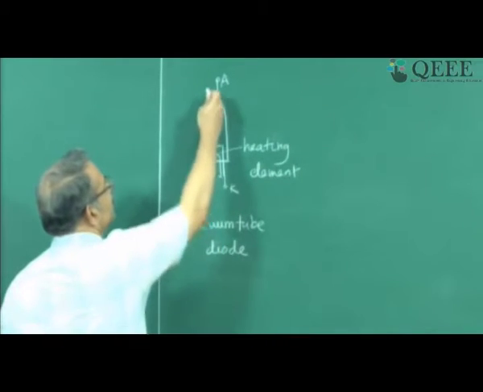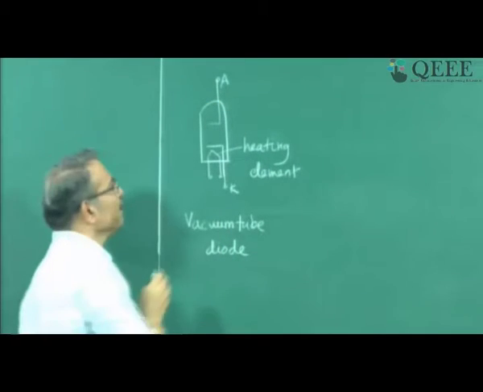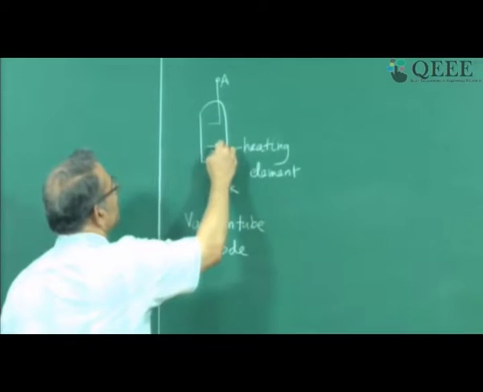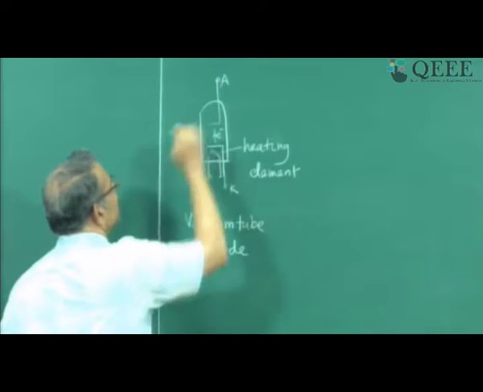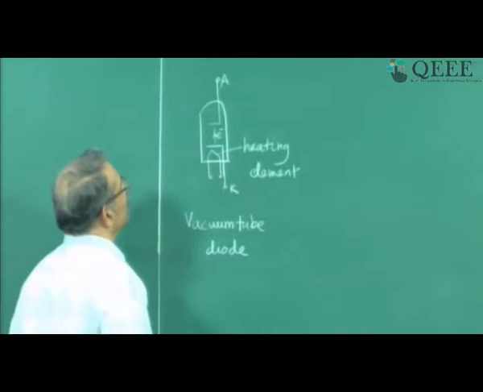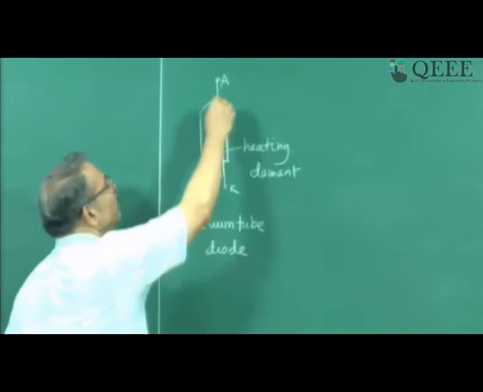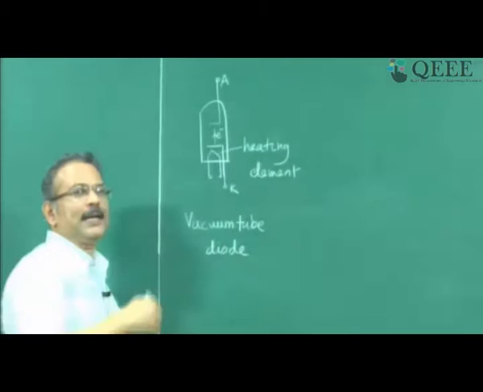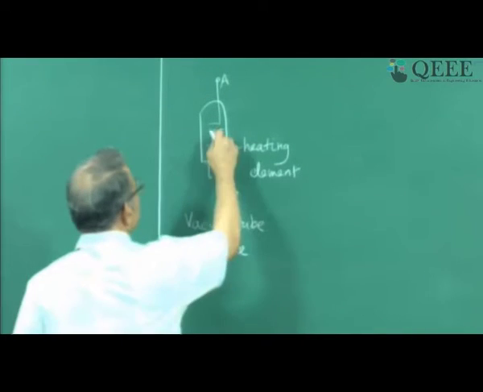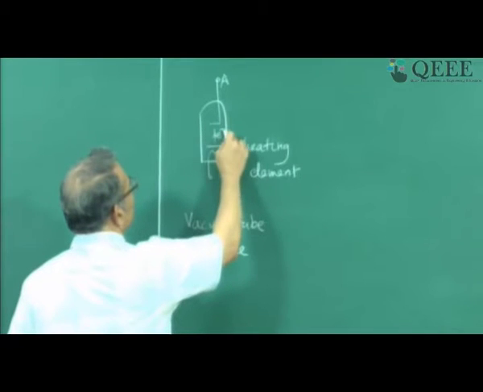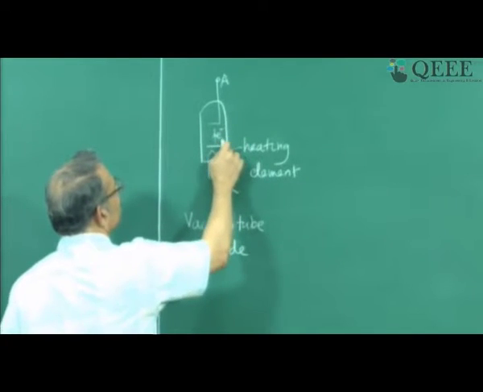When this diode is conducting, there will be a flow of electrons from cathode to anode. The cathode is emitting electrons and they are reaching the anode. The conventional current would be from anode to cathode, but you know that electron flow is opposite to the conventional current flow. So you can see here the conduction of electrons is happening in vacuum.